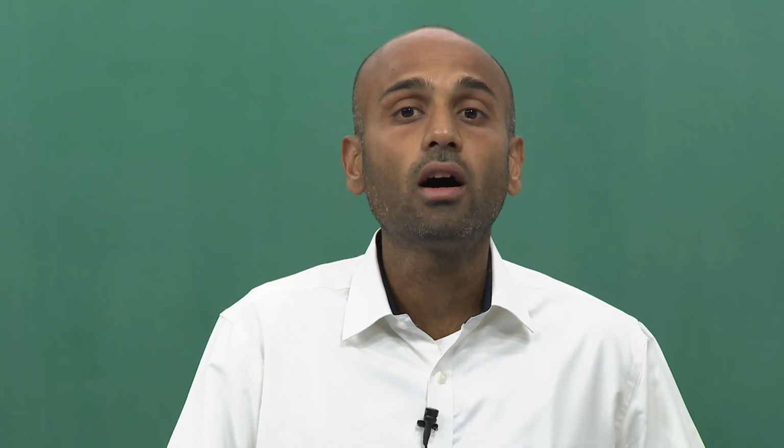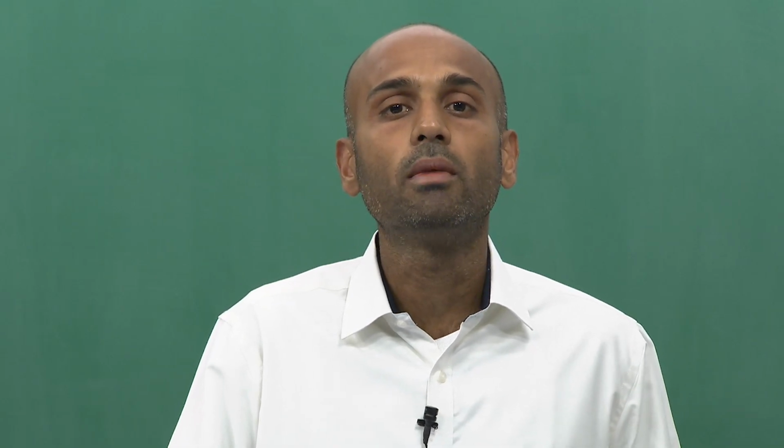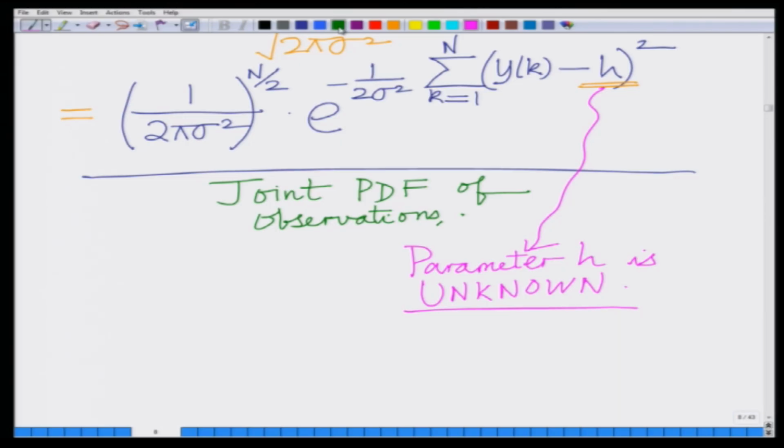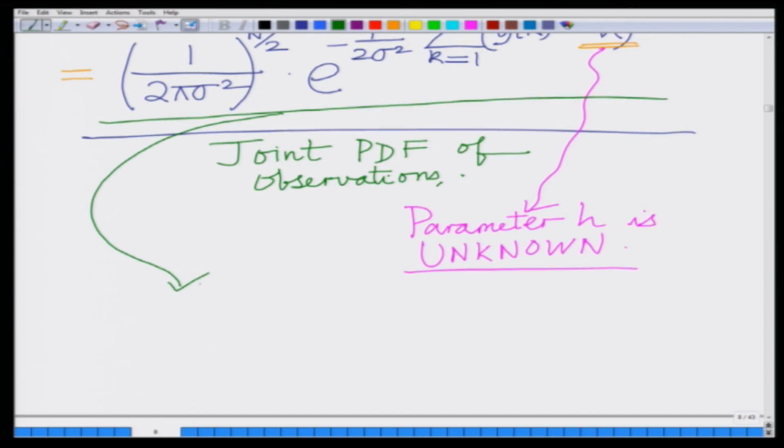And this joint probability density function, as a function of the unknown parameter h, is known as a likelihood function. This is one of the central points in the entire framework of estimation theory, that is, this probability density function viewed as a function of the unknown parameter h is termed the likelihood function.